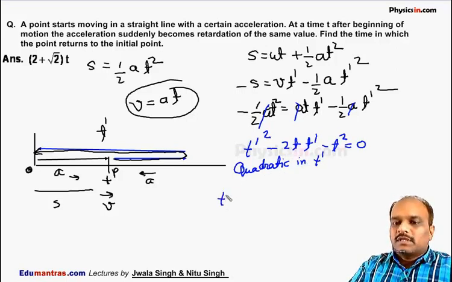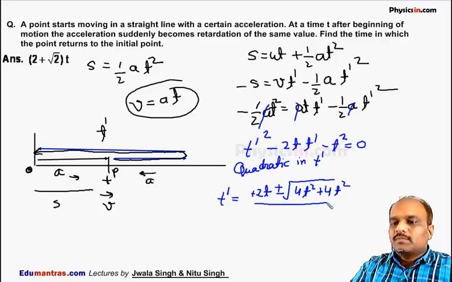So from here we can say t dash is equal to minus b, which is 2t, plus minus root over D, where b square means 4t square, minus 4ac, which means 4 t square, divided by 2a, which is 2.